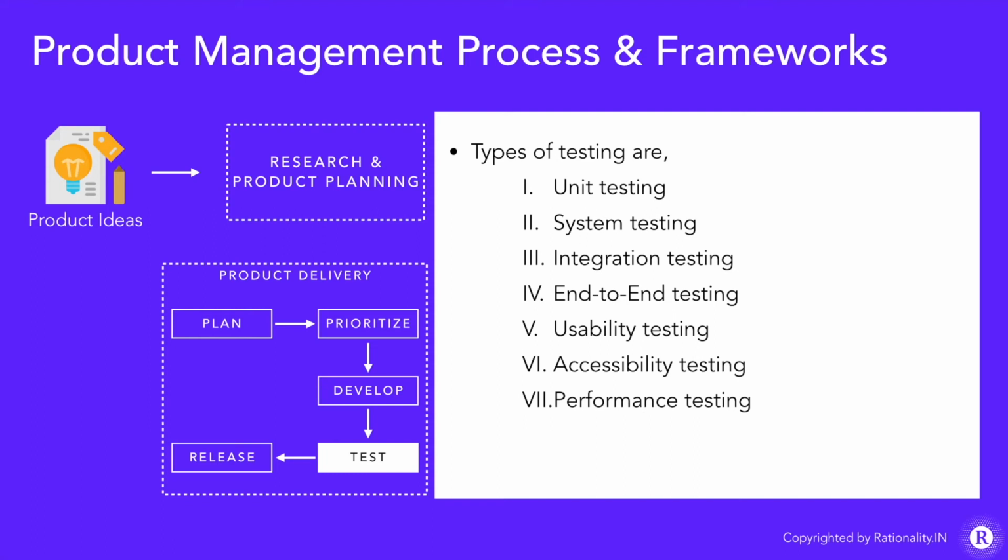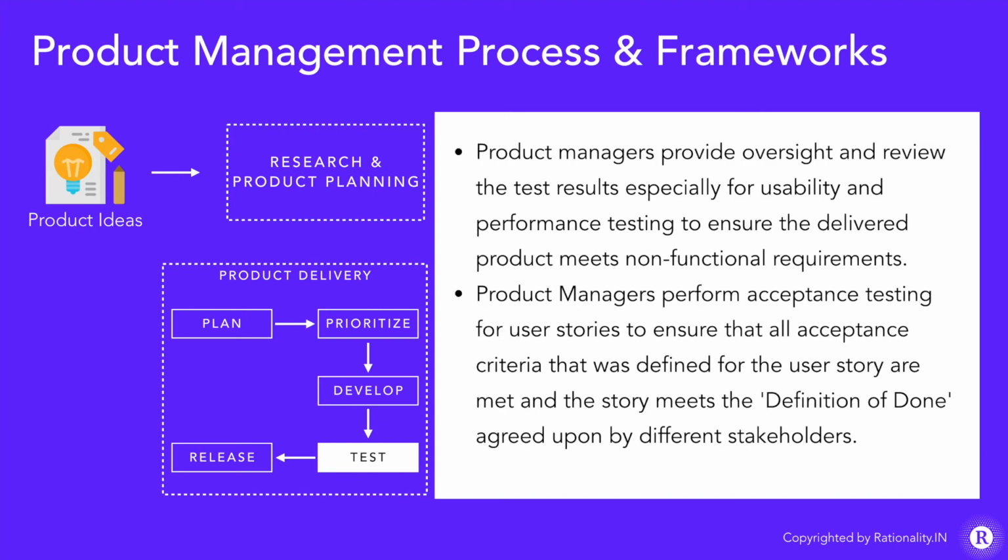In the test phase, the built features are thoroughly tested. Different types of testing are unit testing, system testing, integration testing, end-to-end testing, usability testing, accessibility testing, and performance testing. Typically, the engineering team is responsible for conducting all these tests, but product managers are required to provide general oversight and review the test results, especially for usability and performance testing, to ensure that the delivered product meets non-functional requirement standards.